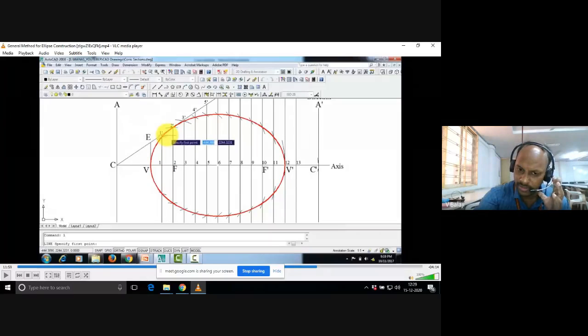So always remember, even in computer software, there is a background. Whatever the formula is, the ellipse formula, the circle formula, that is always there. So you must know how an ellipse is generated, what the mathematical formula is, everything.